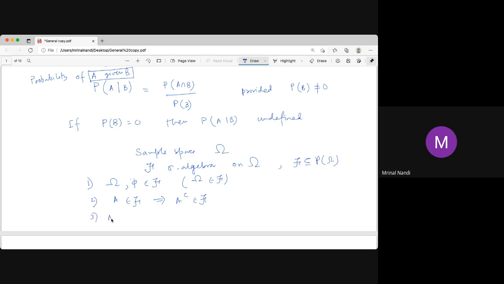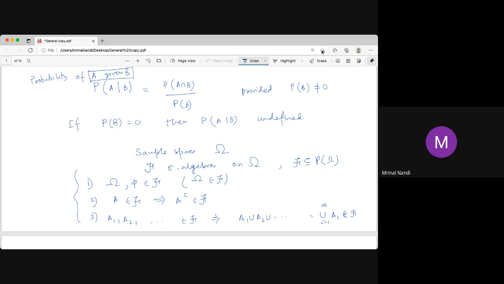And number 3, if there is a countable collection of sets which are in the sigma algebra, then their countable union, sometimes written as union i equal to 1 to infinity A_i, is in this sigma algebra. So this is called sigma algebra.